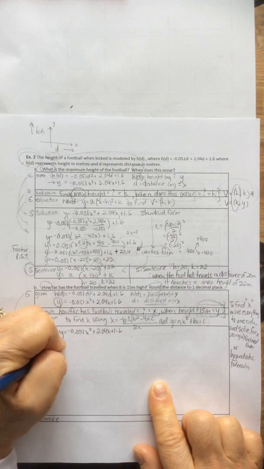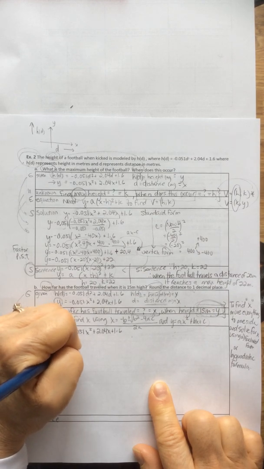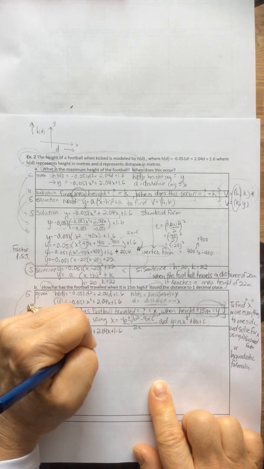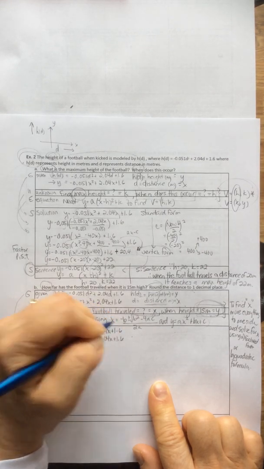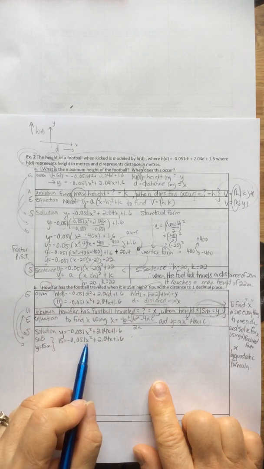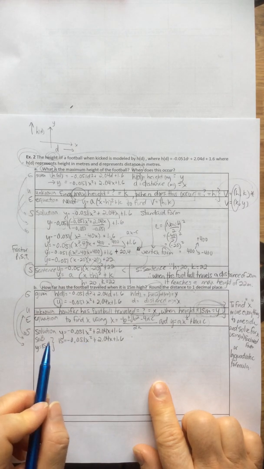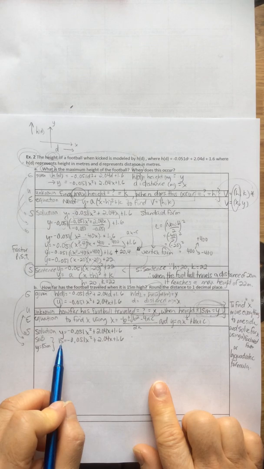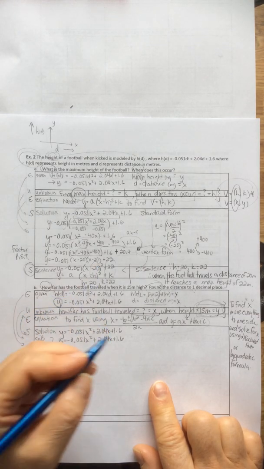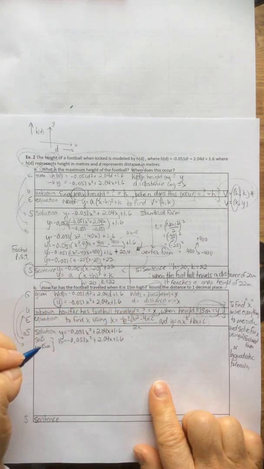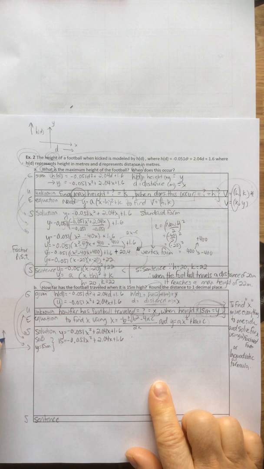So 15 is equal to negative 0.051 x squared plus 2.04 x plus 1.6. We can't find the distance it's traveled until we know that it reaches a height of 15. As the football goes up, it has a height of 15 meters.